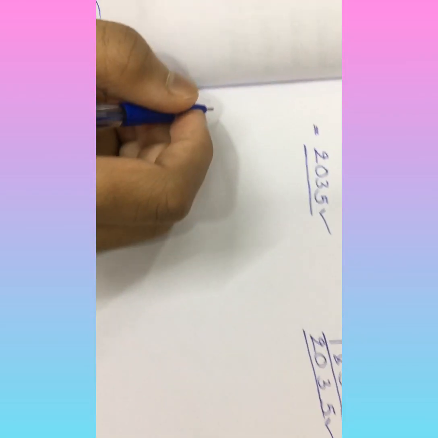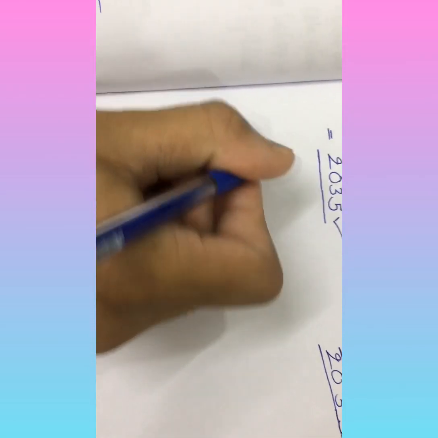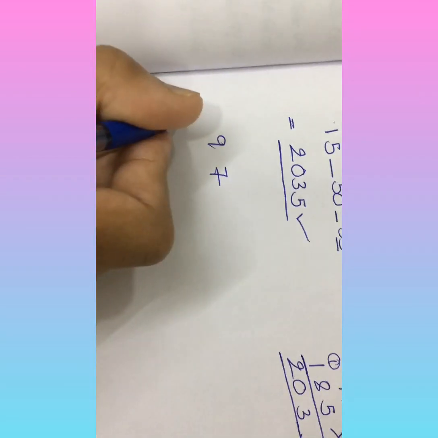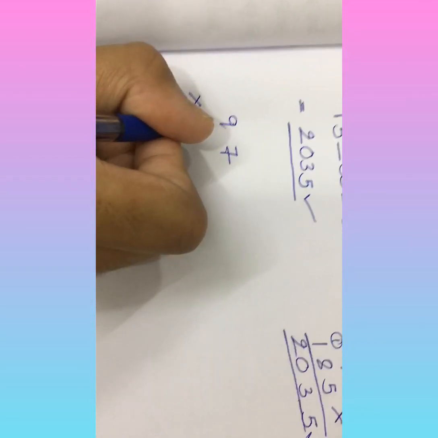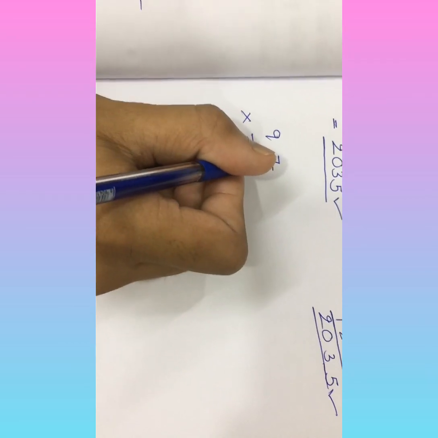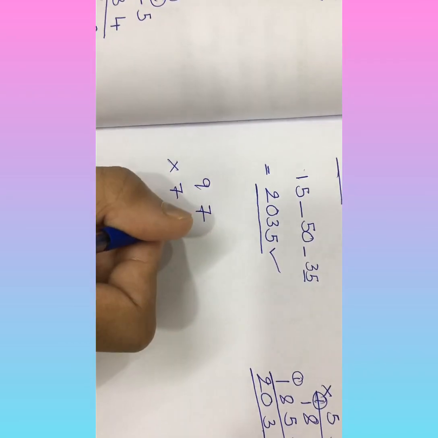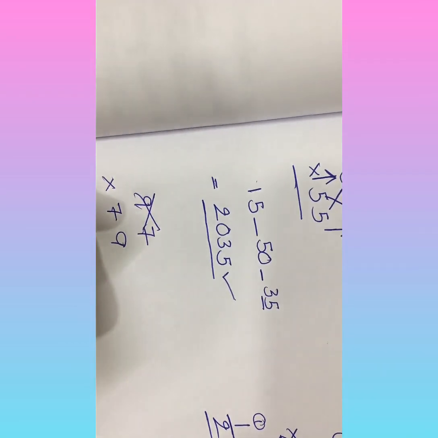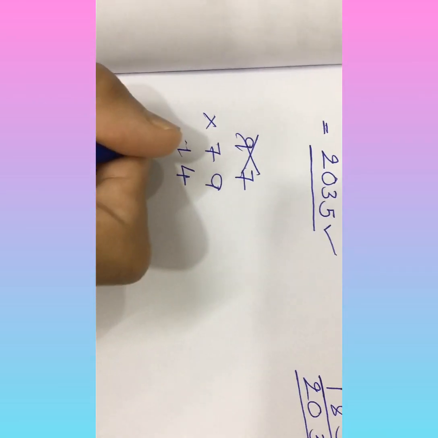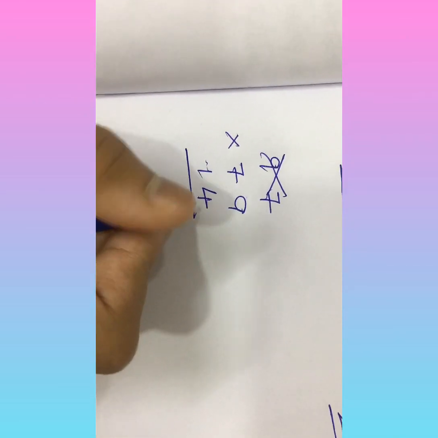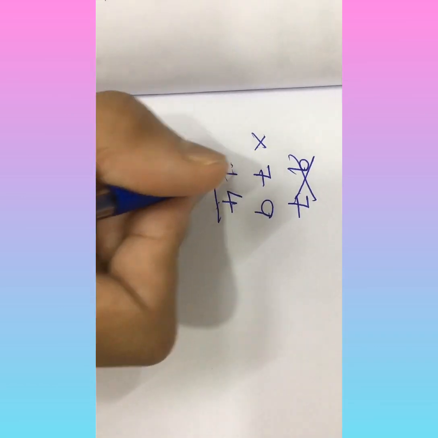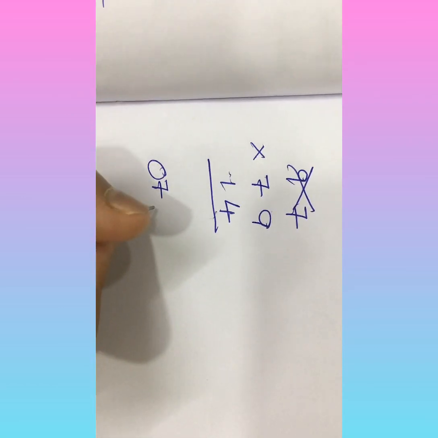And let's take another example. No, let's take 79 into 14. That is 7 into 1, that is 07.